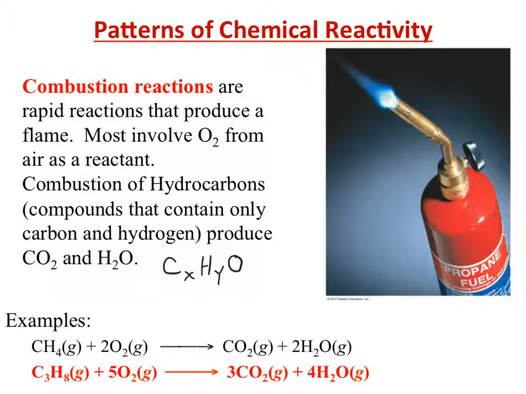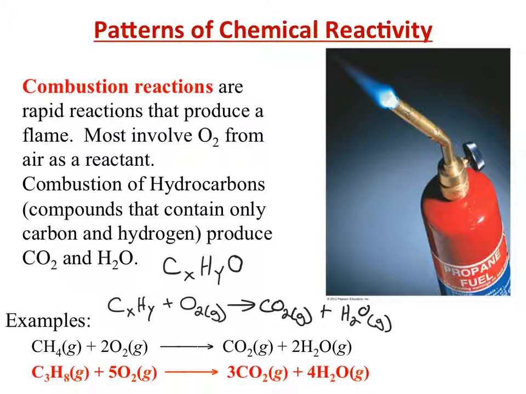In these reactions, they're all the exact same formula, where basically we're going to have something as CxHy plus oxygen gas, and they all produce carbon dioxide gas and water vapor. And so this is probably the easiest reaction to produce the products because all of them have the exact same formula.